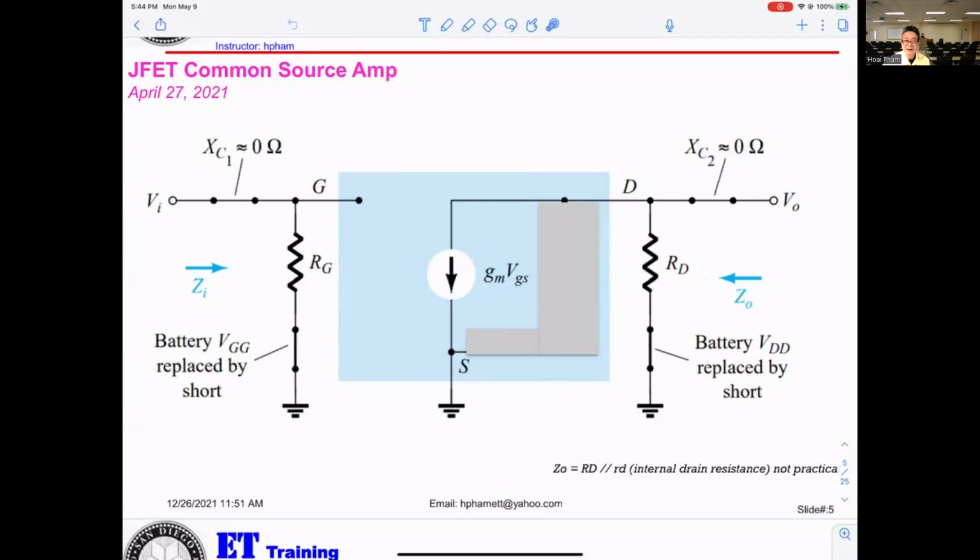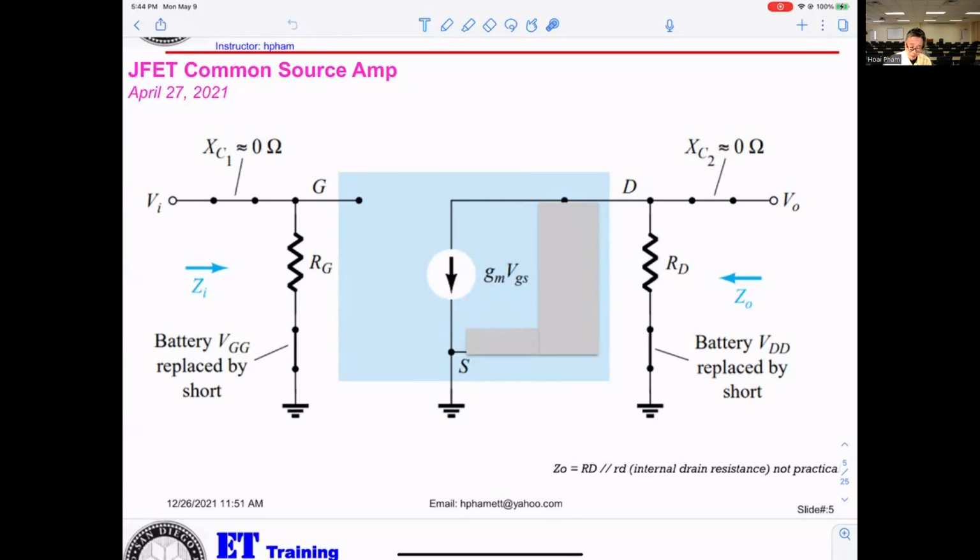Okay, so you can see this is the gate, this is the drain, this is the source, and between the drain and the source you get the current source, with the value gm VGS.